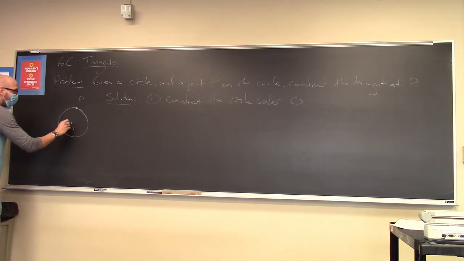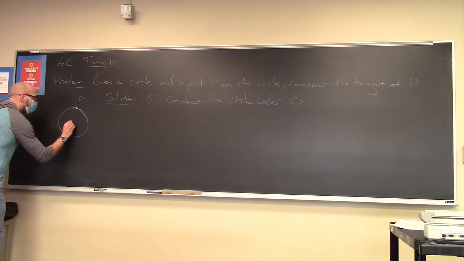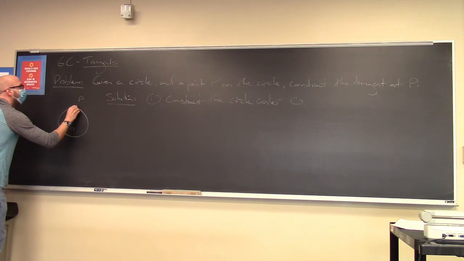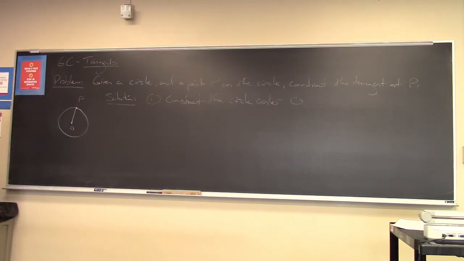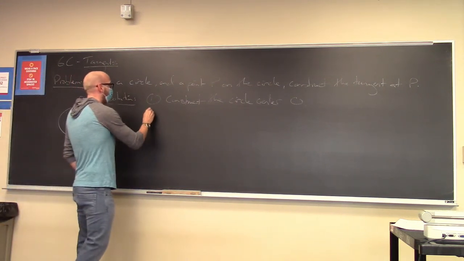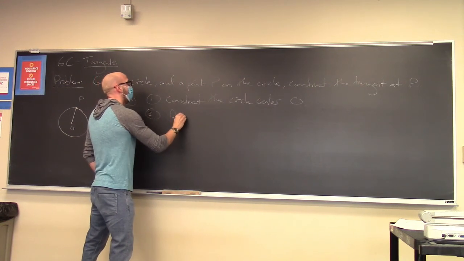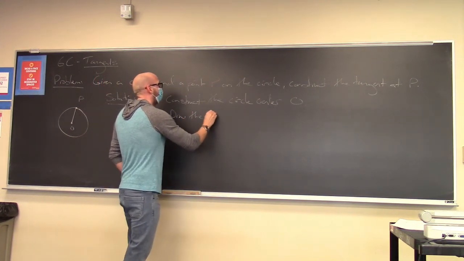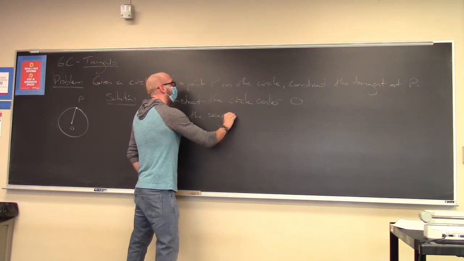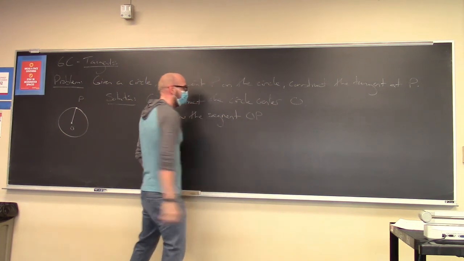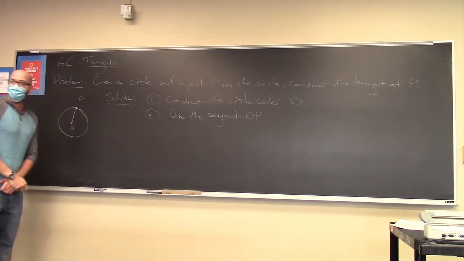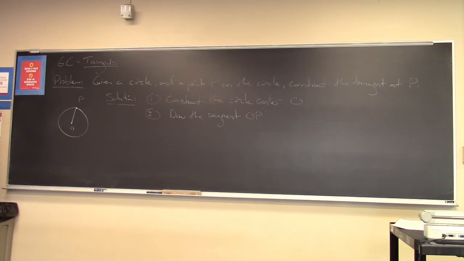What now? Now let's draw in the line OP. Here I'm only drawing the segment, but you can draw the infinite line if you want. Step 2, draw the line segment OP. And there's only one more step now.